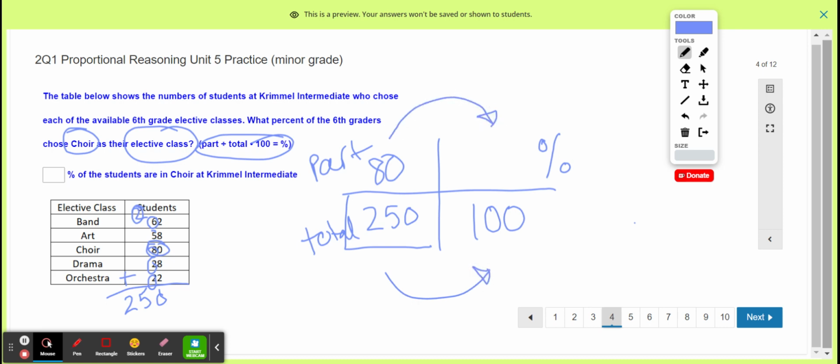So our proportional relationships are looking for a factor. But now if we look between 80 and 250, if we divide by 10 and divide by 10, that takes away the zeros. Now we can see a relationship factor between 25 and 100 is times 4. So that would help us solve quickly.